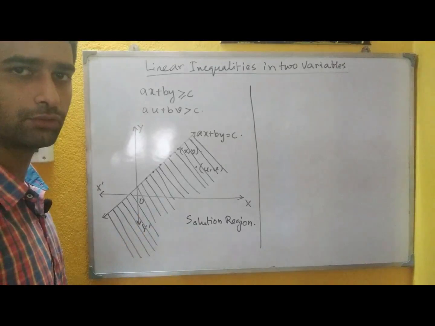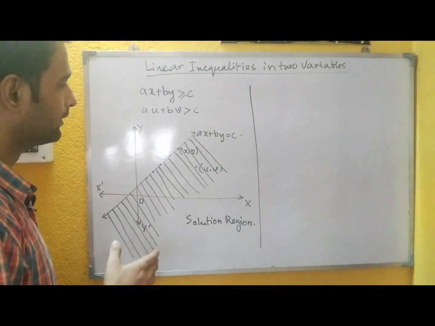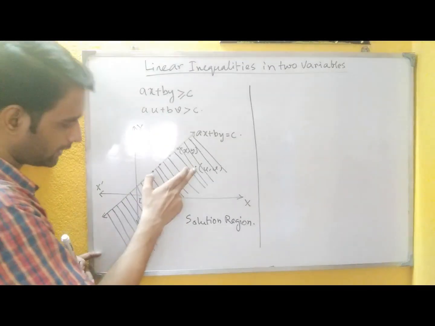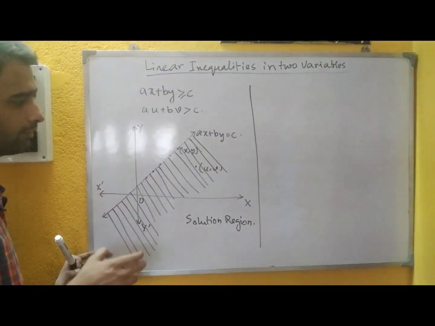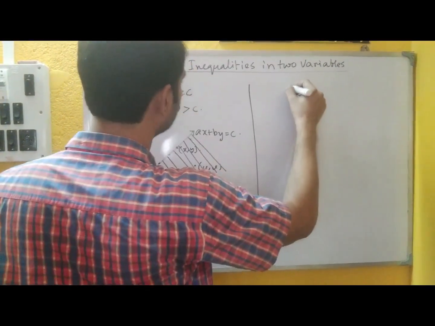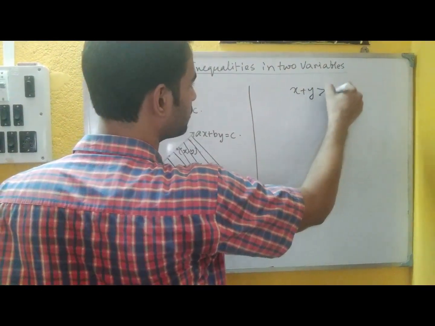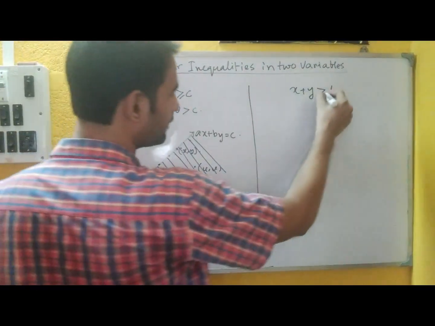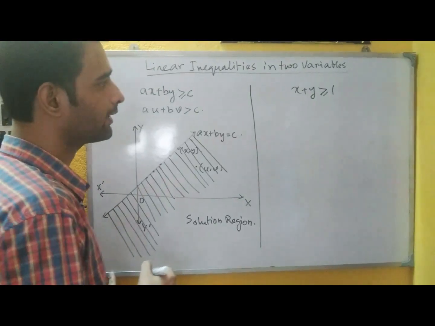If it becomes true, then the side in which the point lies will be our solution region. So for example, let us see what the solution region should be for x plus y greater than or equal to 1.